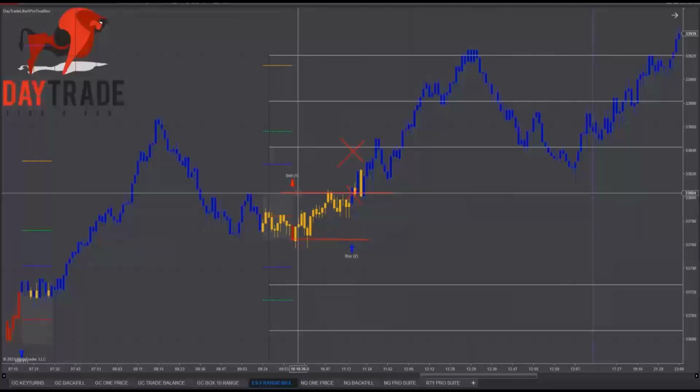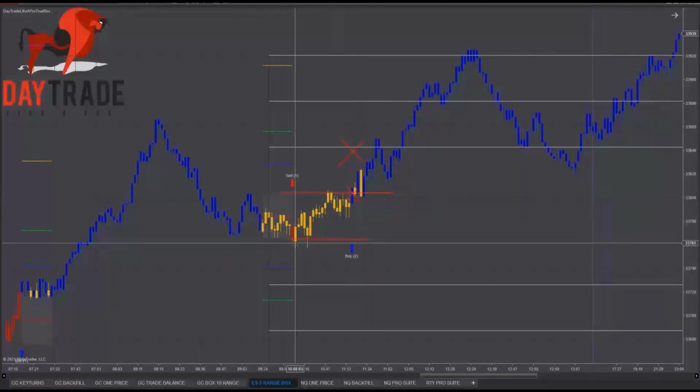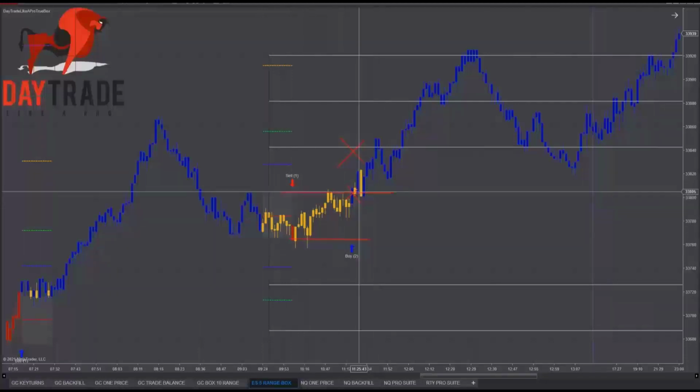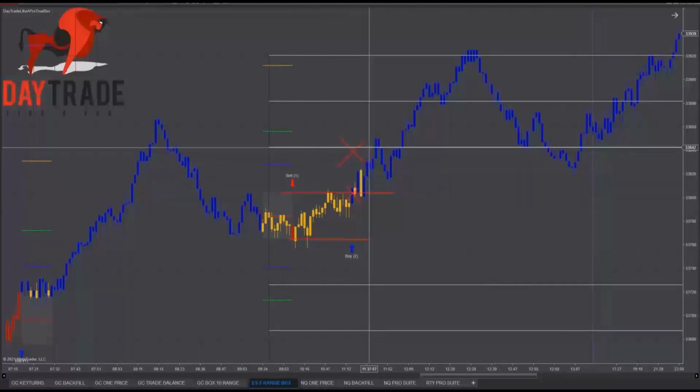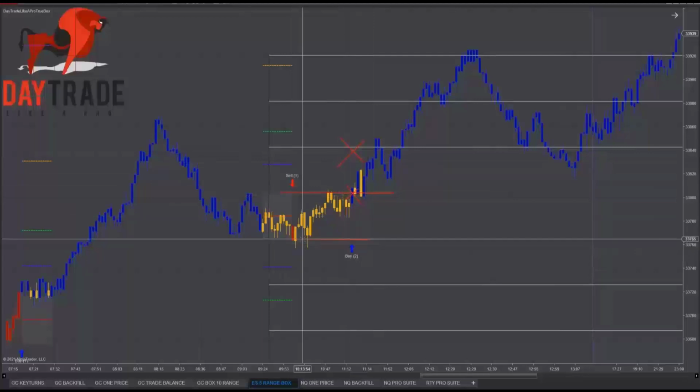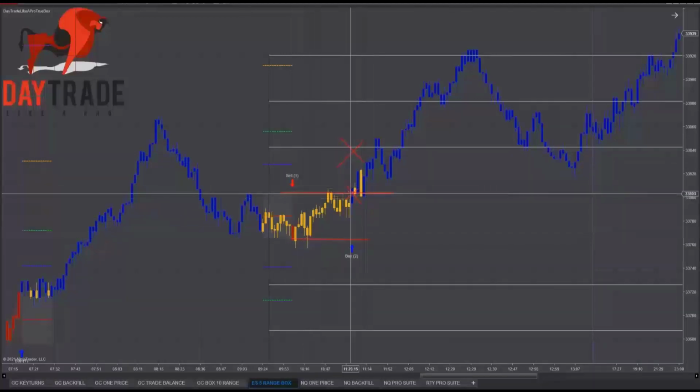Here's another thing that you could do. I've talked about this in past trainings in different ways, but it's for professionals: you could double your size. If you had a trade here that was a loss, you could double your size over here on this buy. I know that David's been having quite a bit of success with this. Let's say you were trading 1, and when you got stopped out, you bought 2 over here.